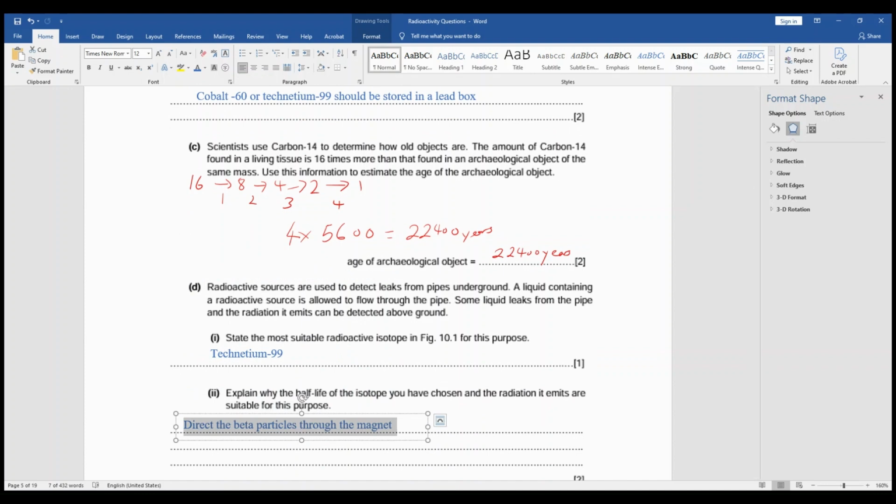Explain why the half-life of the isotope you have chosen and the radiation it emits are suitable.